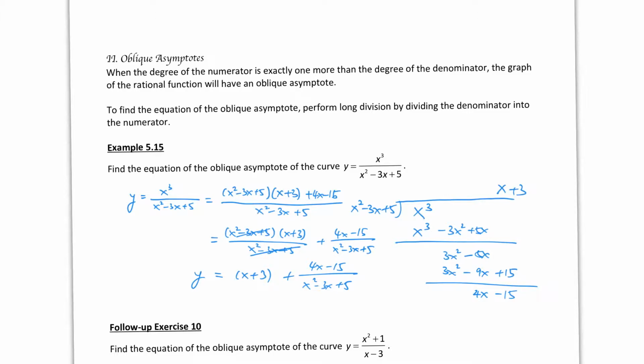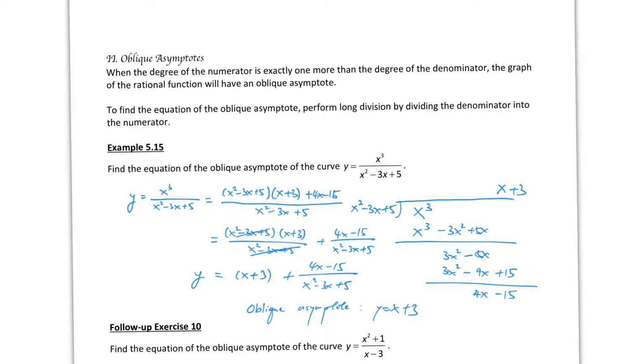So the oblique asymptote: when x tends to infinity, y will tend to this straight line. So the oblique asymptote is y equals x plus 3.